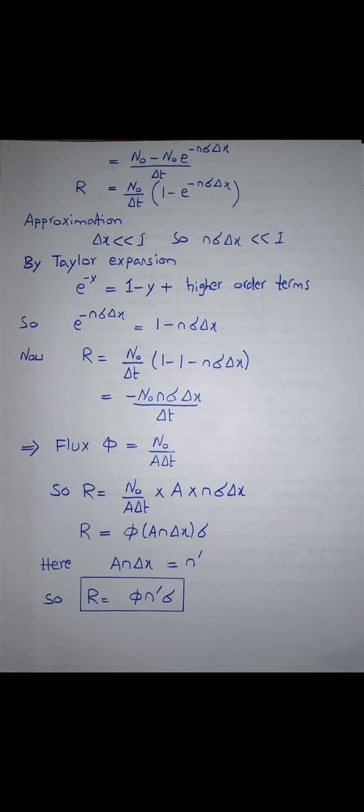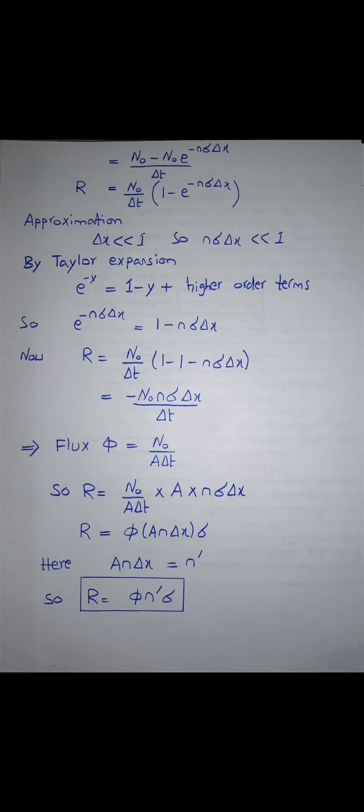So our rate of nuclear reaction becomes R is equal to n naught divided by delta t into 1 minus 1 plus n sigma delta x. The 1 is cancelled by 1, and we are left with R equal to n naught n sigma delta x divided by delta t.